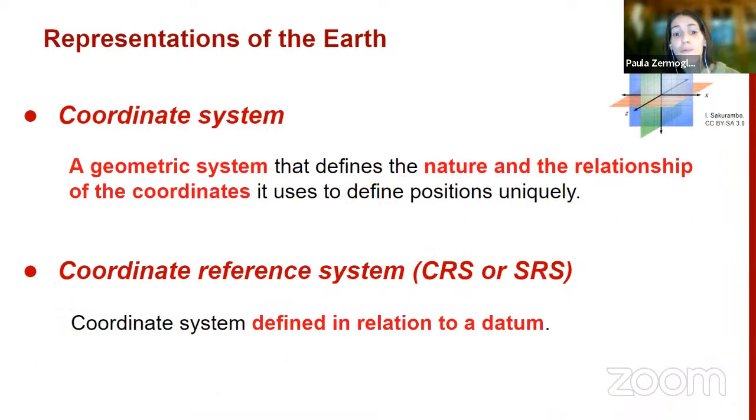Now, a coordinate reference system is a coordinate system that is defined in relation to a datum. We're going to see the concept of datum a little later, but keep this in mind for a couple of slides forward.